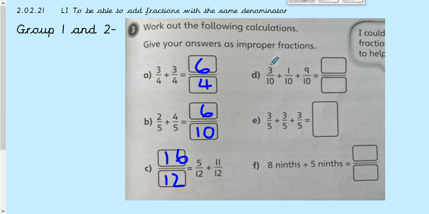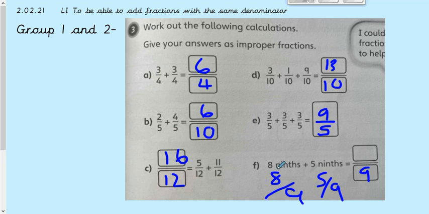D, 3 add 1 add 9 would be 13, so 13/10. This one, the denominator is 5, and your numerator would have been 9. And then 8/9, which is written like this, and 5/9 would be 13/9. Okay, so hopefully you got all of those correct.